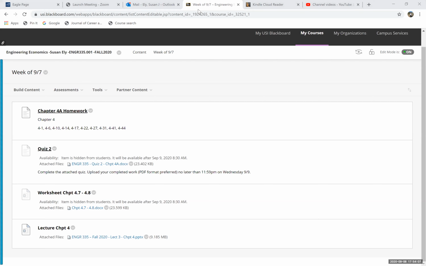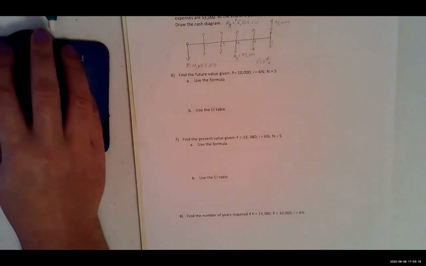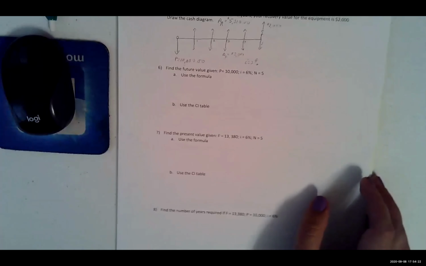So we're going to share the camera. Oh, wrong camera. All right, there we go. I don't know why there's a little window of me as well, but what you really need is this big version of the worksheet. We're going to try to focus that a little more. Let's see. Focus.